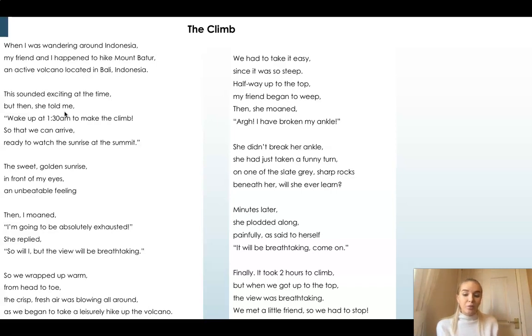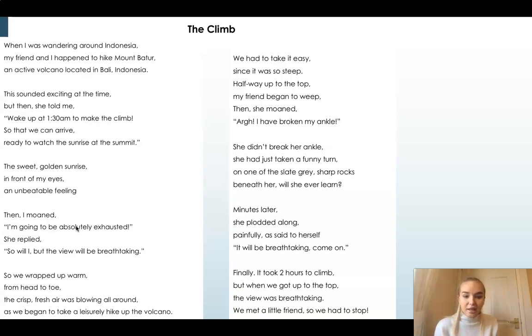So we wrapped up warm from head to toe. The crisp, fresh air was blowing all around as we began to take a leisurely hike up the volcano. We had to take it easy since it was so steep. Halfway up to the top, my friend began to weep. Then she moaned, "Ah, I've broken my ankle." She didn't break her ankle.